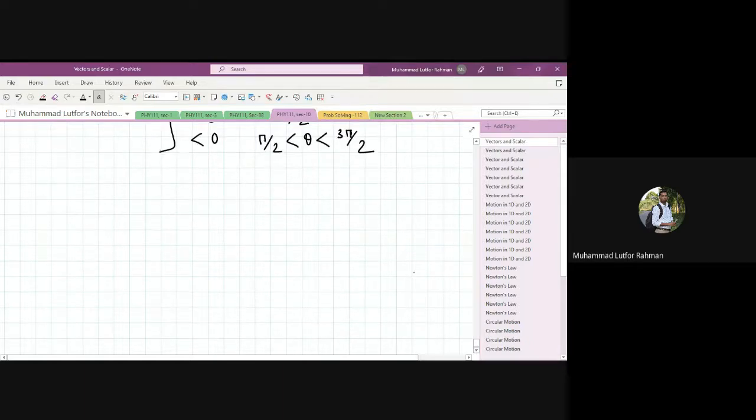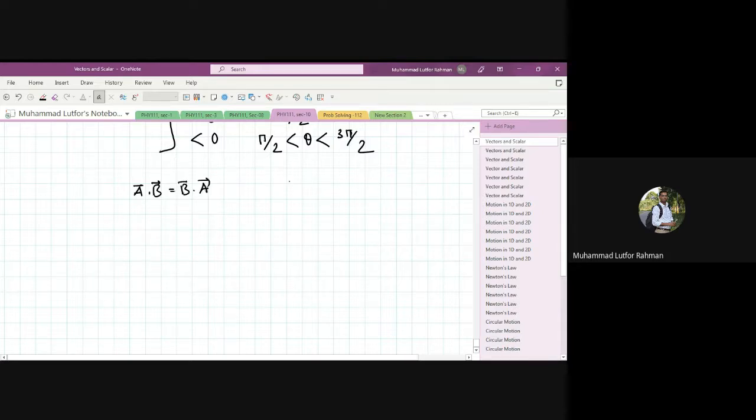All right. So now let's talk about some properties of this dot product. We can say that the dot product is basically symmetric. Symmetric means we can write a dot b must be equal to b dot a, right?